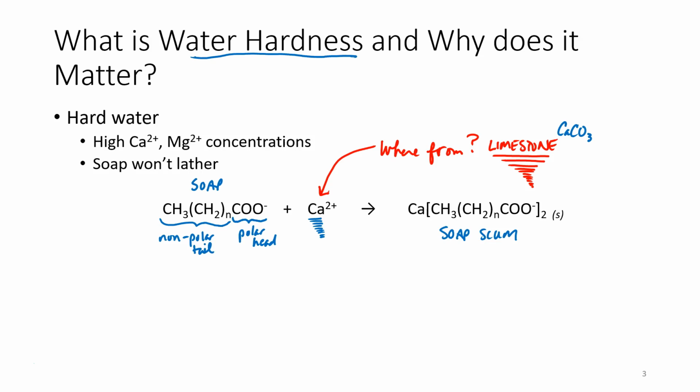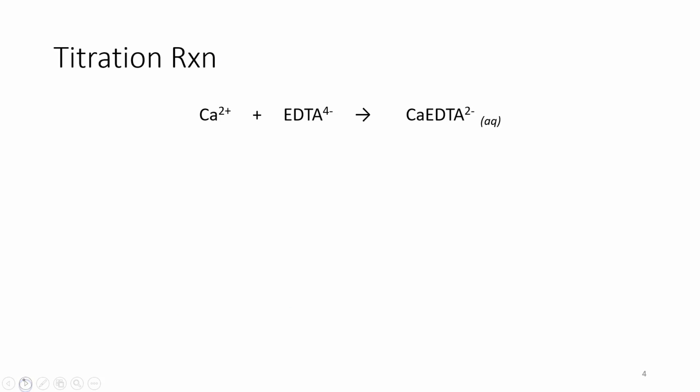So the units for water hardness are milligrams per liter, or more clearly, milligrams of calcium carbonate for every liter of sample or solution. This is our titration reaction. So for every 1 mole of calcium, 1 mole of EDTA binds to form a soluble calcium EDTA complex.